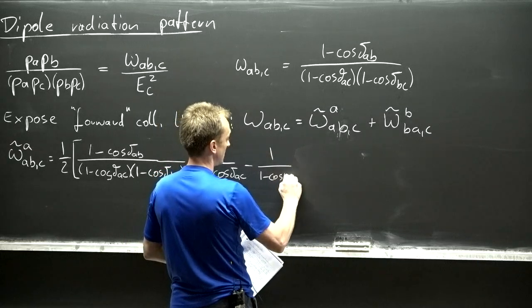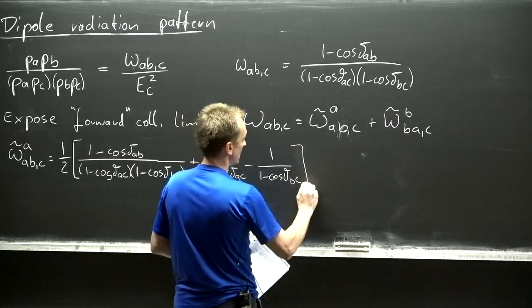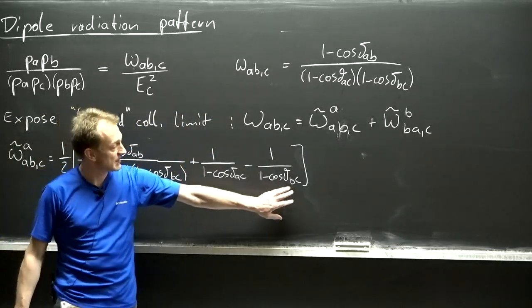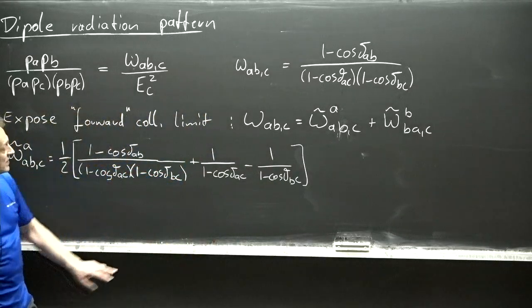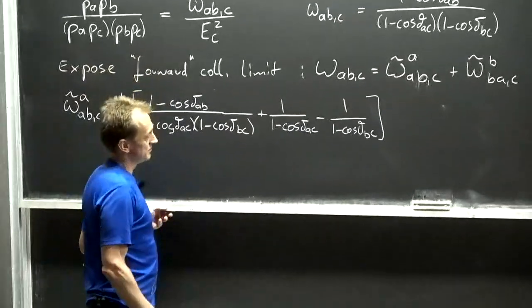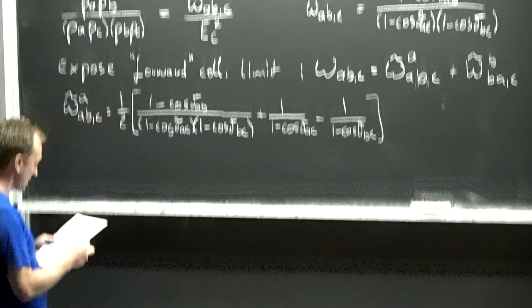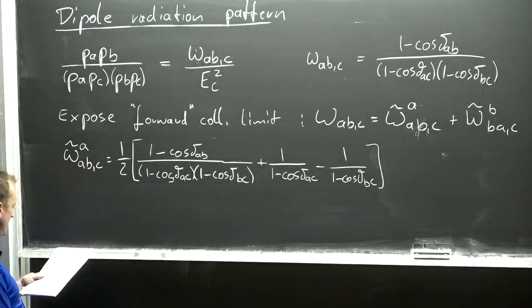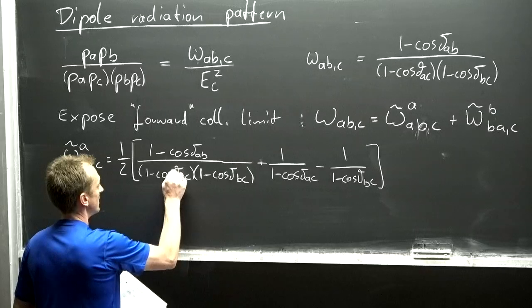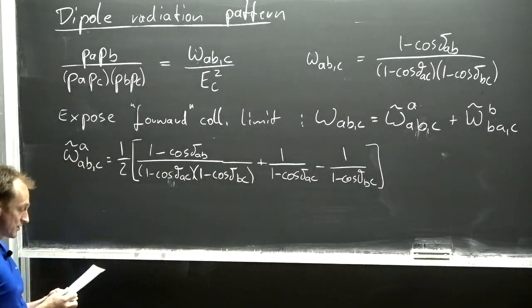Okay, so now as theta_BC becomes small, the angle between B and C becomes small, this term will cancel this term and the rest will not matter. So you can check that it really has no singularity in the backward direction. So this is divergent only as theta_AC goes to 0.